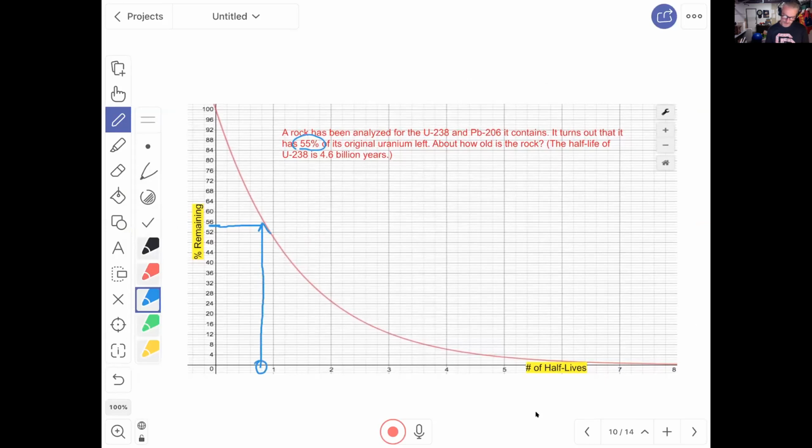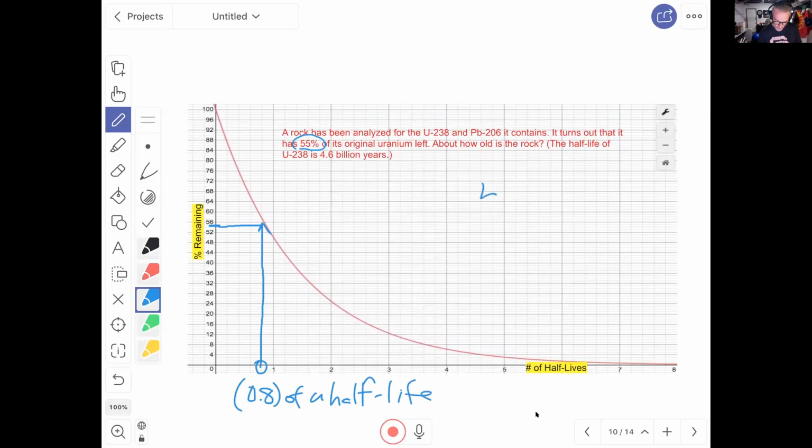So in other words, this rock has 55% left, which means this is 0.8 of a half-life. Well, what is 0.8 of a half-life?